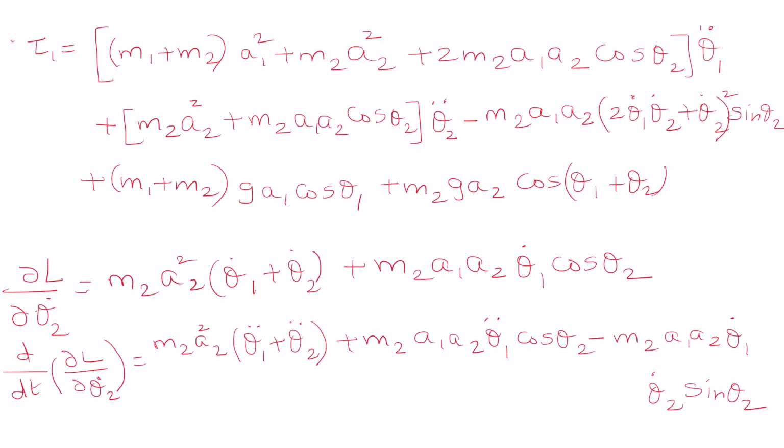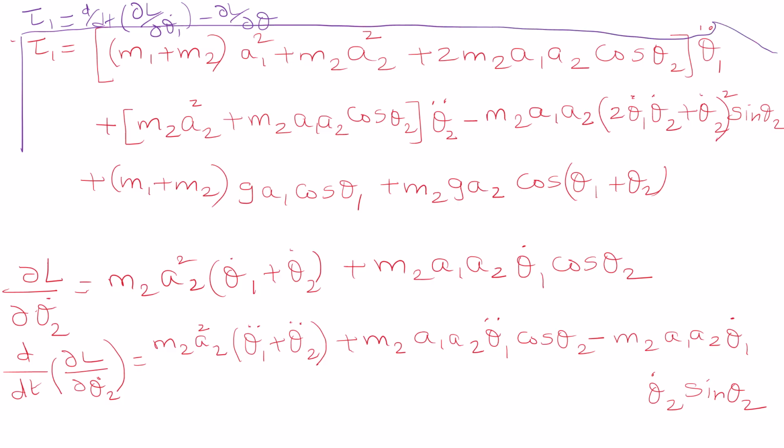Finally, by substituting in the torque equation that we have told, that is τ1 equals d/dt of ∂L/∂θ1 dot minus ∂L/∂θ1, we will be getting this as our first dynamic equation, or the torque equation, right.